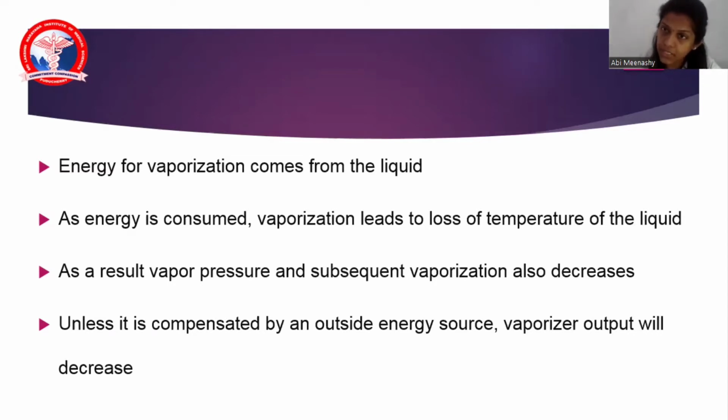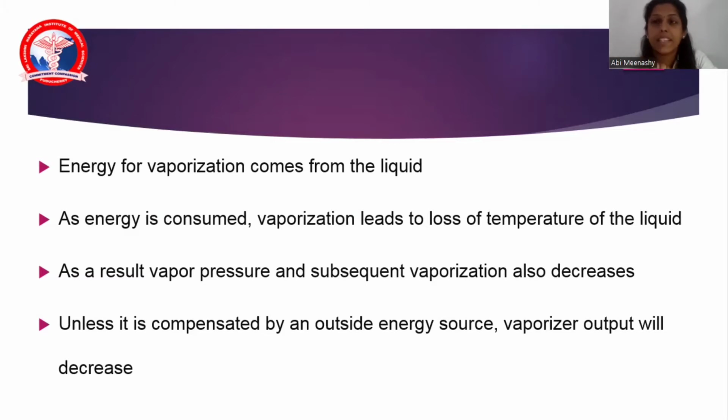If temperature decreases, vaporization decreases. We cannot let that go, because once the temperature is very low, further vaporization will not happen. So we have to compensate with an outside energy source, or else the vaporizer output will decrease.